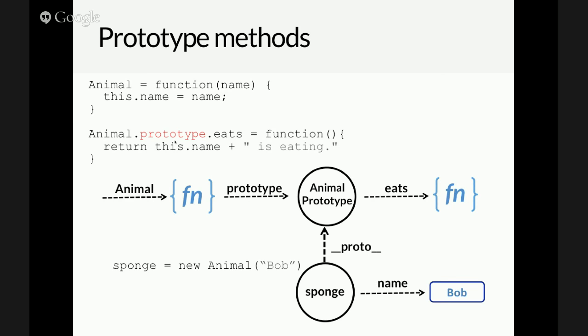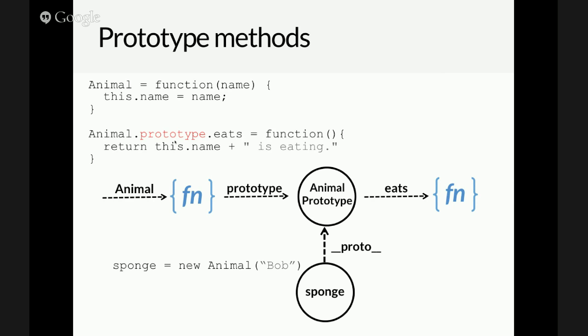Why is this useful at all? Well, and let me get to the constructor here in a second. Why is this useful? Because remember, when you're looking for a property or a method, it's going to walk up the proto chain. So if you wanted to say sponge.eats, it's going to look on sponge. It's going to say, you don't have an eats property or method.